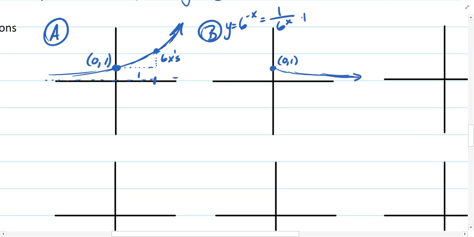And that's also supported by the notion that there is no b value that's being added on the outside. With no b value written, we can assume that value is 0. And so we're tending towards 0 again. We have a horizontal asymptote at 0, and the graph, instead of racing up towards infinity, is racing down from infinity as we move from left to right, and we're leveling off towards 0.